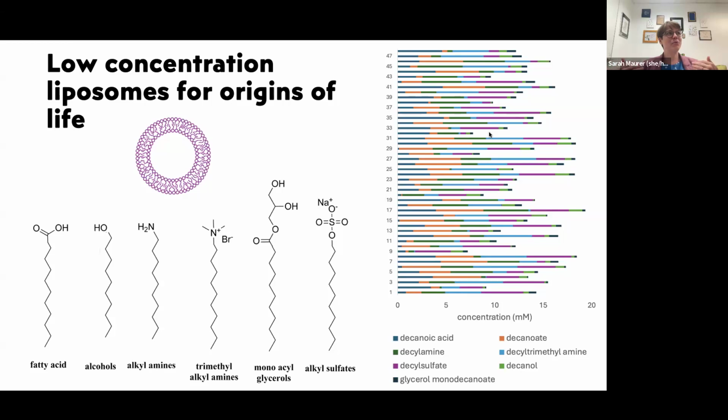The way that the robot operates, it takes our amphiphiles that are dissolved in an ethanol solution. We tried a bunch of different solvents for this: ethanol, ethanol water, isopropanol, and all of them dissolve in ethanol except for the deprotonated form of the fatty acid and the decyl sulfate. So those are in a water solution.